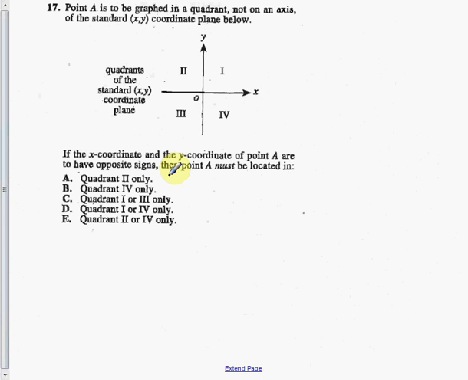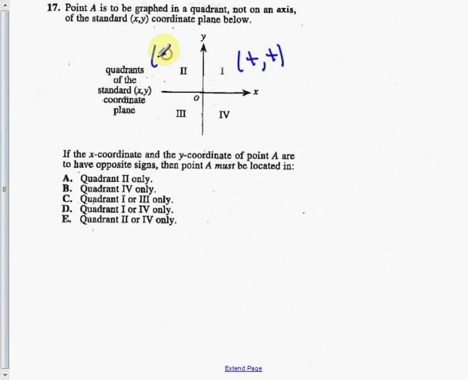X and Y must have opposite signs. So one is positive, the other is negative. One is negative, the other is positive. Well, if you think about it, the first quadrant, X is positive, Y is positive.